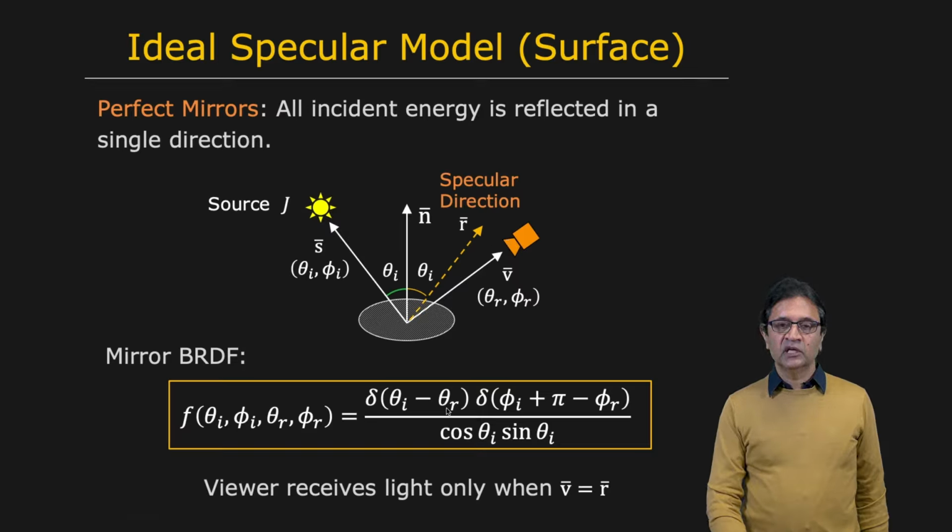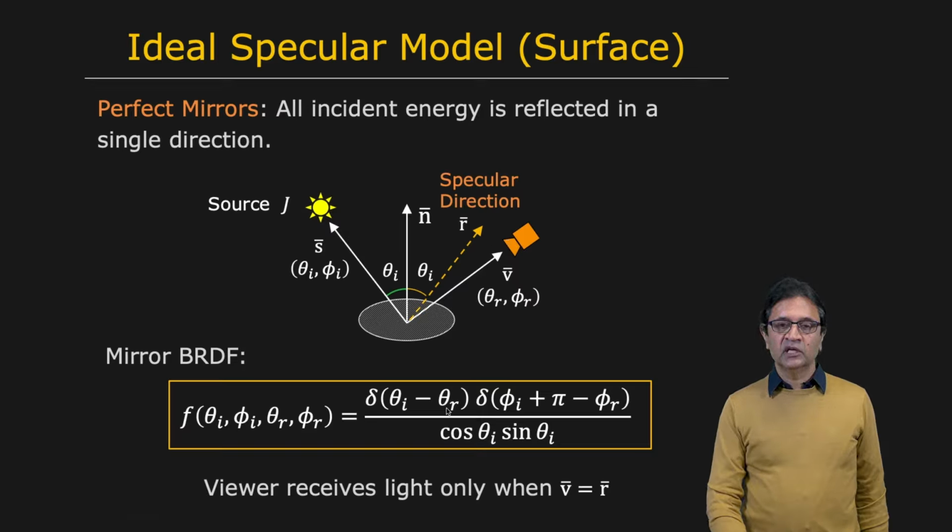It's just making sure that the law of conservation of energy is being satisfied, in that the light that's reflected over the entire sphere, irrespective of all the directions, is equal to the light that's received by the surface. So that's where this comes from. So in the case of an ideal specular surface, the viewer receives light only when V, the viewing direction, is equal to R, the specular direction.